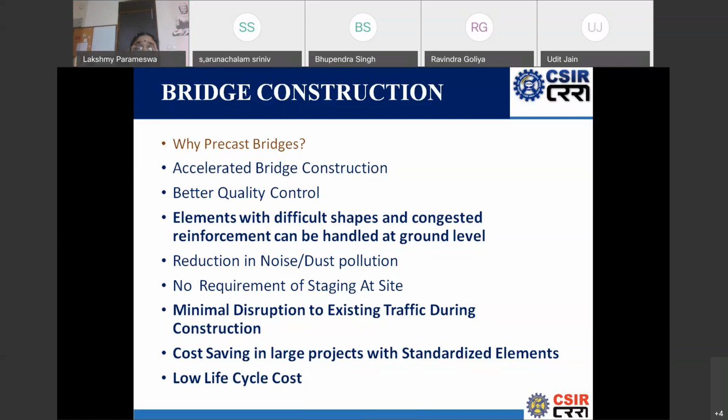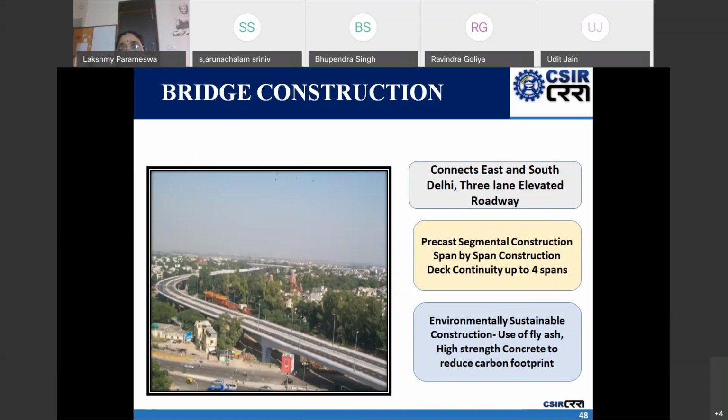Then there is cost saving in large projects, because we can use standardized elements, and the same can be used for the construction.